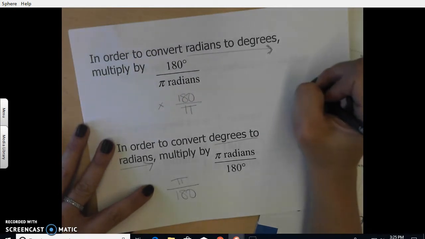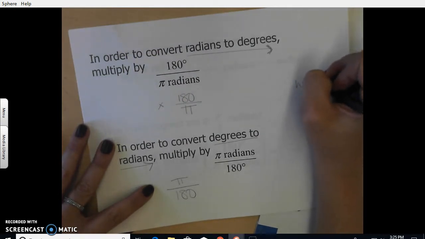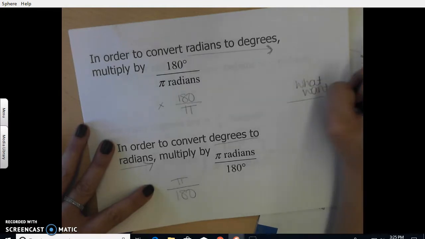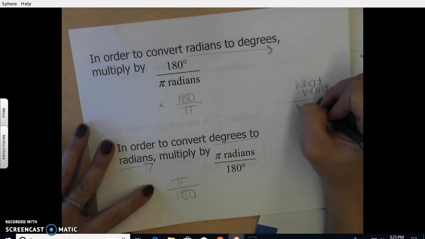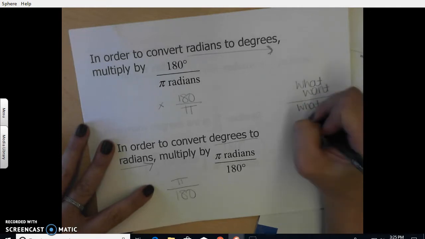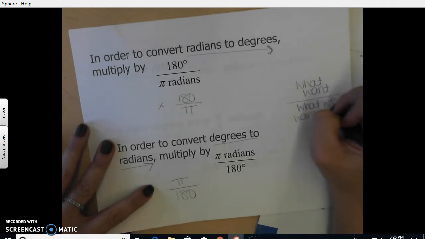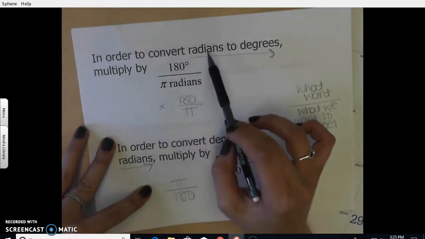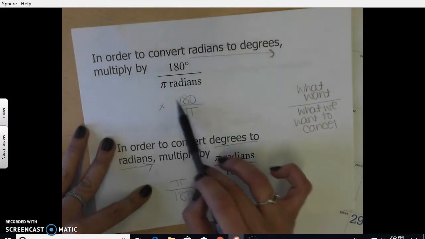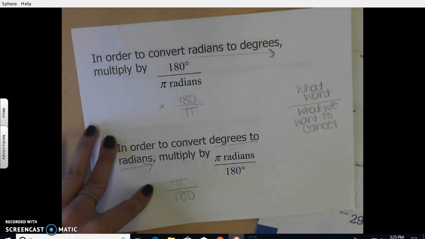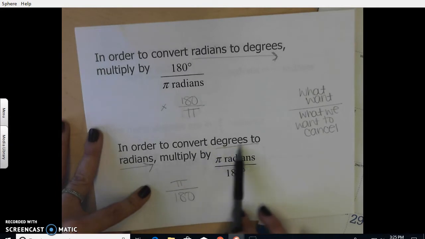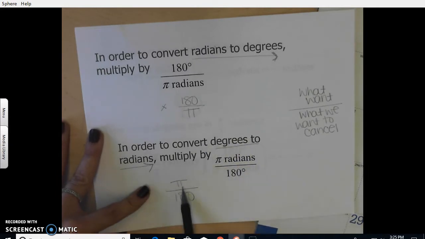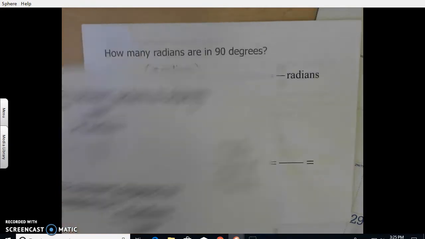If you think about it, we multiply by what we want over what we want to cancel. So since we want to cancel the radians, we put that in our denominator, and we want degrees, and that's in our numerator. Since we want to cancel degrees and we want radians, pi over 180.